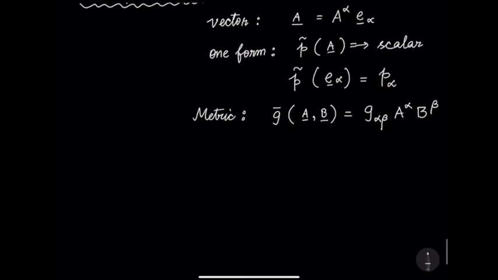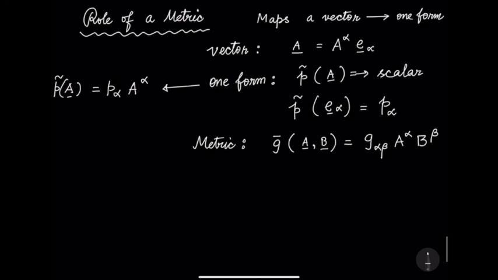We have also seen that this, which is P on A, is also P alpha A alpha. Okay, so this is the recap again. This is what we have seen so far. So let us construct now.